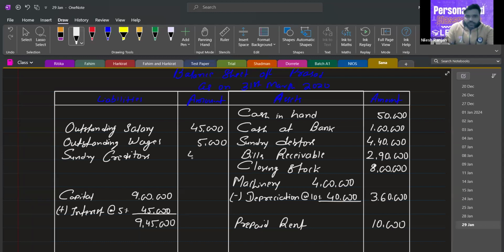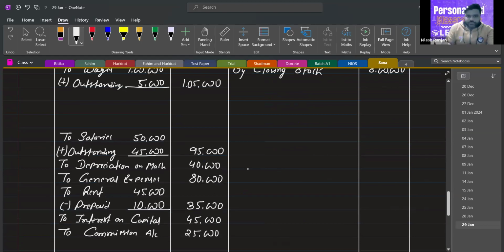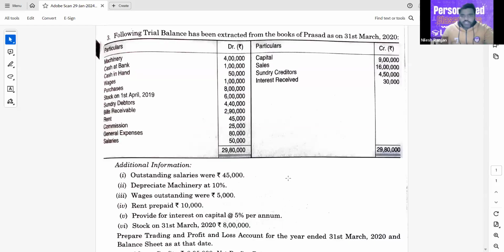And interest received 30,000. Every item is completed now.